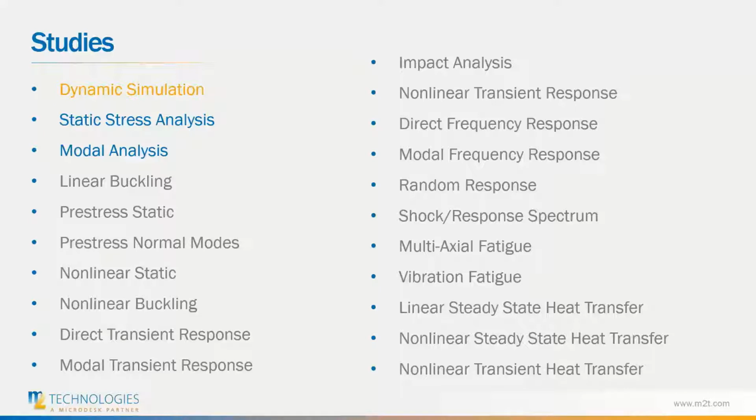From there, the two in blue were run by the stress analysis in Inventor, and the remaining 18 are all studies that can be performed using Nastran. This ranges from buckling to transient response, frequency response, shock response and spectrum, fatigue, and heat transfer.